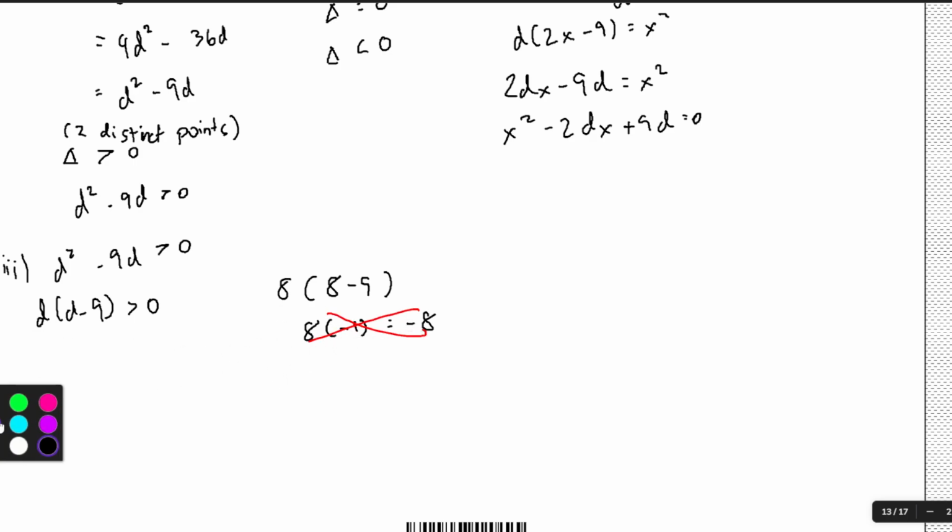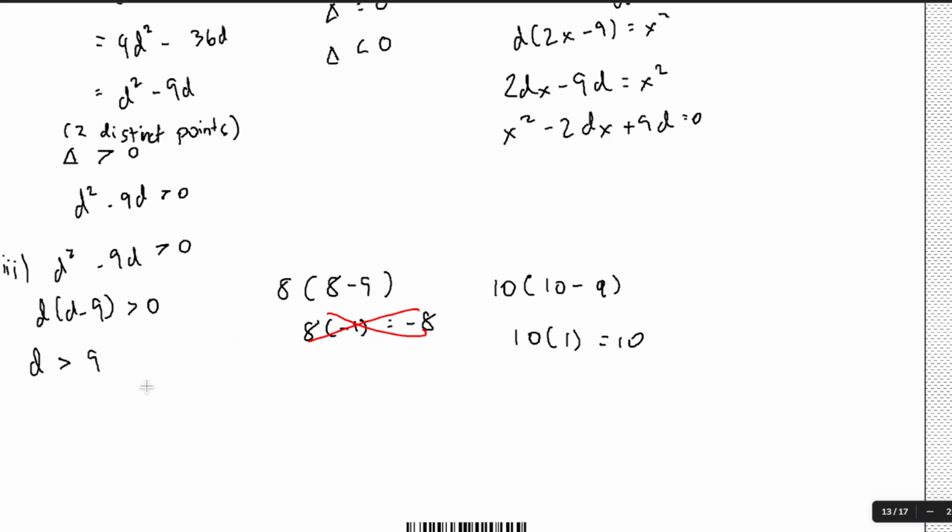We try a value like 10. 10 times 10 minus 9, sorry, we would have 10 times 1, which is 10. And this works for all the values that are above 9, okay? So that means that our range of values of d to suffice for this equation is d is greater than 9.